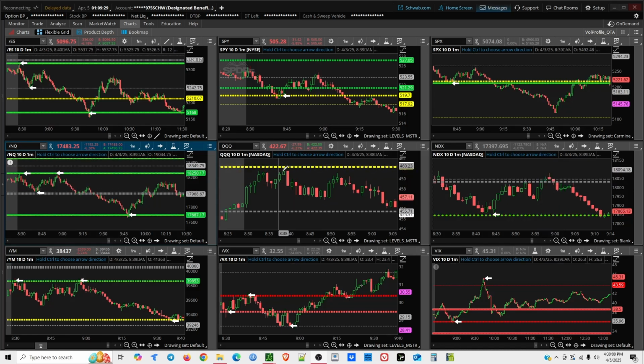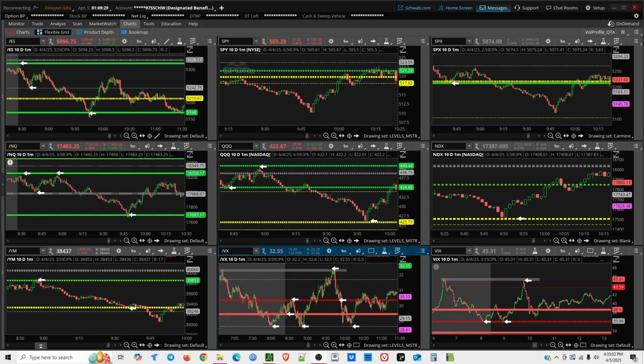You see a weekly line on Qs, and again, on NQ, you see a daily line. And then on VX, it came down and bounced twice on this midpoint line. And on VIX, it bounced on that line as well. So if I was interested in taking shorts, that is exactly the spot that I'd be taking it.